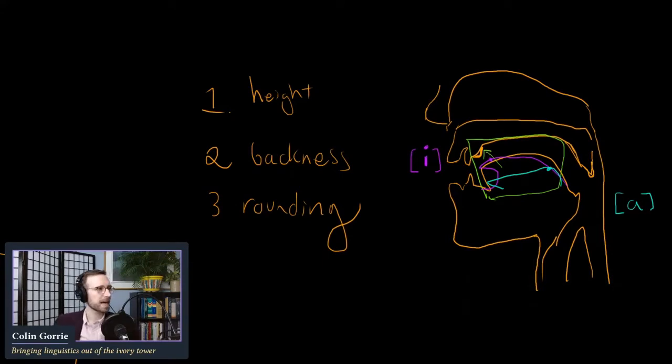So what we get when we consider these two dimensions is a kind of vowel space. We can abstract away from the messy reality and look at a little shape like this. I'm going to try and draw that a little bit better.